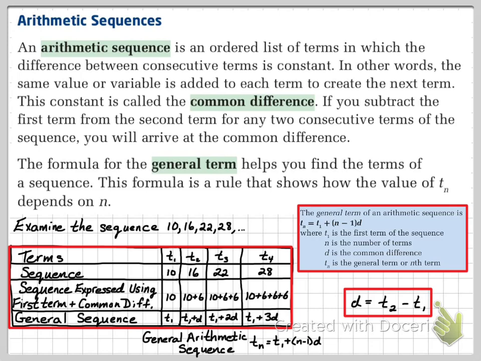And the common difference is defined by simply term 2 minus term 1.